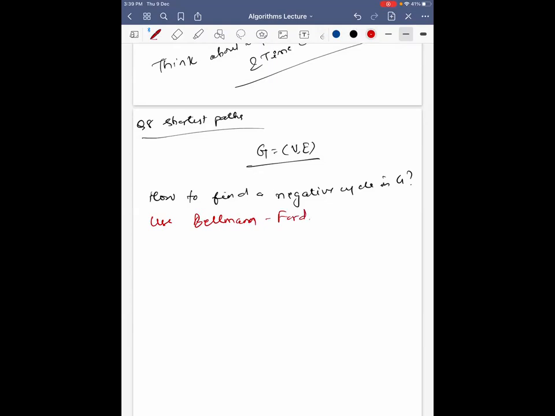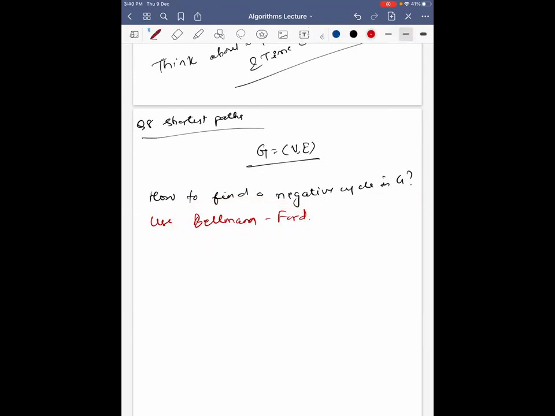See what will happen when you run an extra iteration of Bellman-Ford. Typically, you run Bellman-Ford for n iterations. What will happen if you run it for one more iteration? Just look up what will happen. So Bellman-Ford can be used to detect negative cycles in a graph.